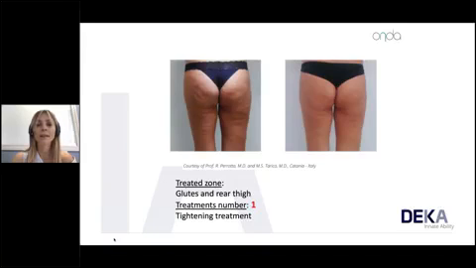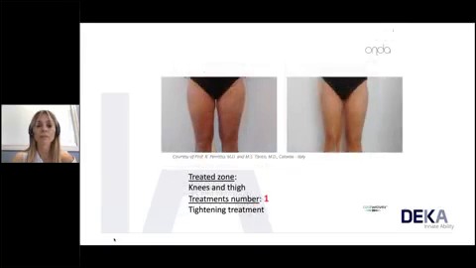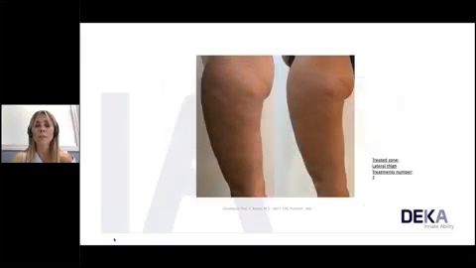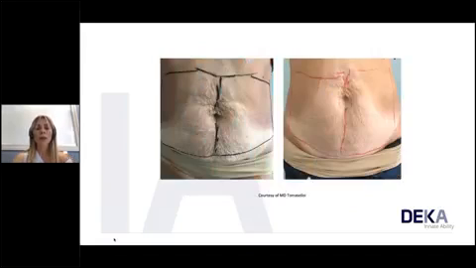Improvement in tightening. Improvement in tightening and even loss of circumference. And the improvement in cellulite. Well, let's see the abdominal area. The abdominal area can be treated performing 1 square, 2 squares, or 4 squares.